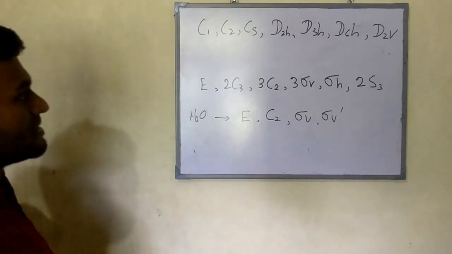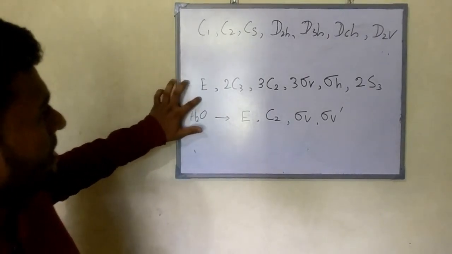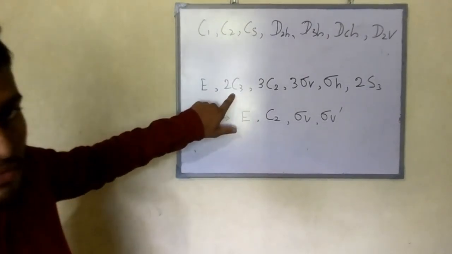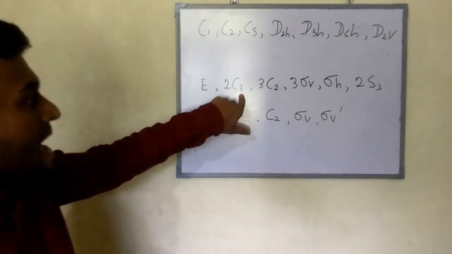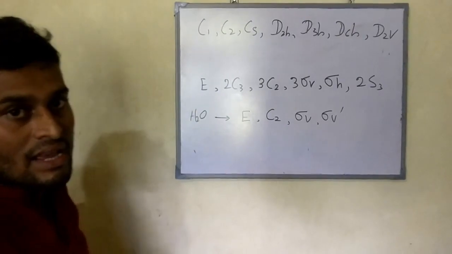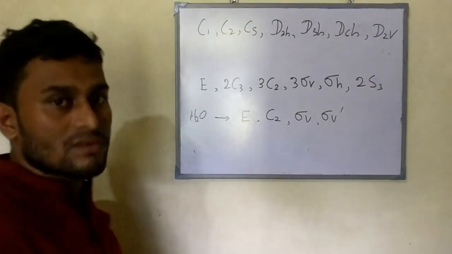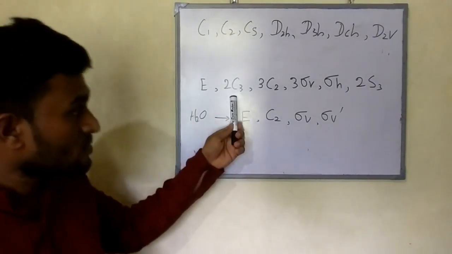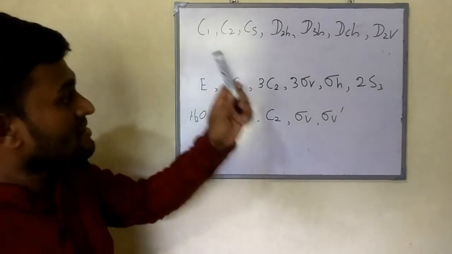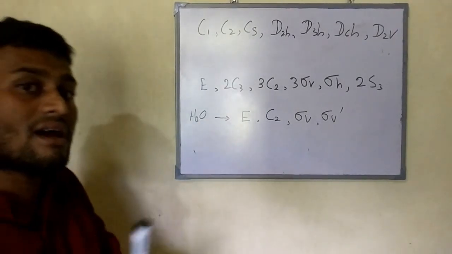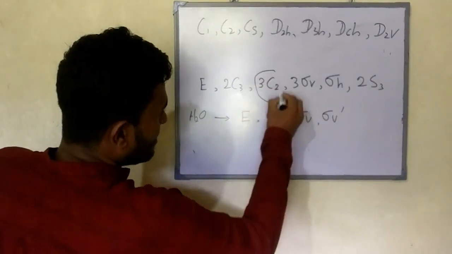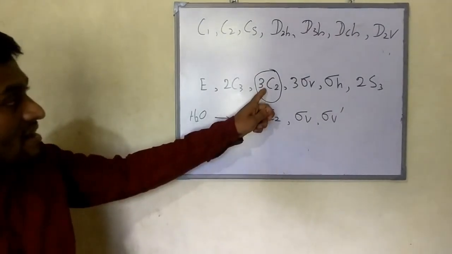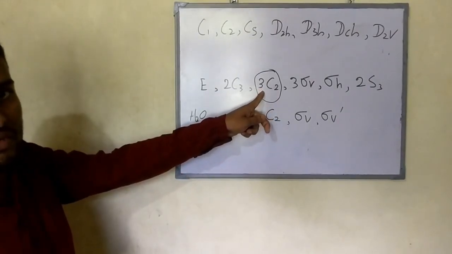So how to determine that? Here you can see the principal rotation axis is C3, and then you need to see how many other C2s are there. Here you can see there are another 3 C2s.